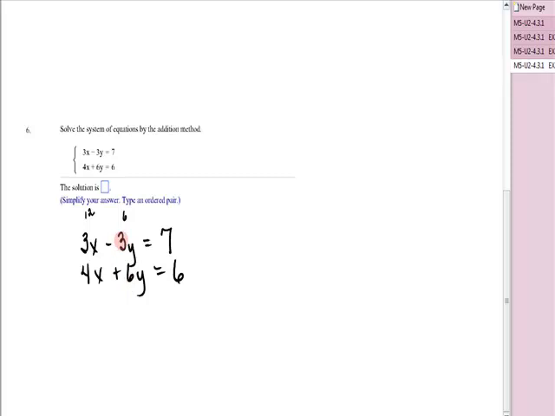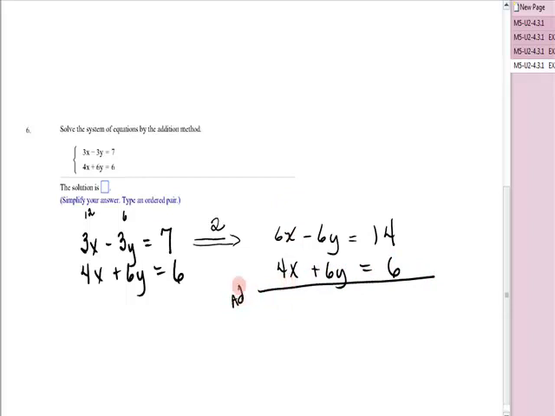I can turn this into a 6 by multiplying that equation by a 2. That gives me 2 times 3x is 6x, 2 times negative 3y is negative 6y, and 2 times 7 is 14. I don't need to change the second equation, so it stays 4x plus 6y is equal to 6.